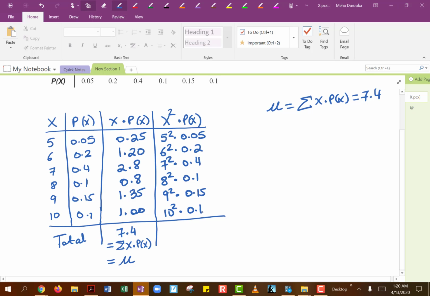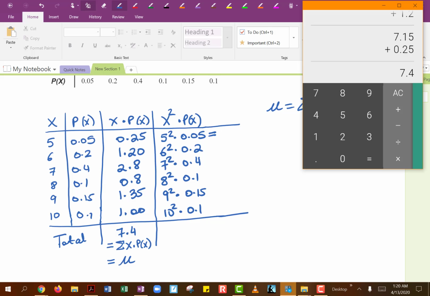You'll do these calculations individually, and then we'll take the total of that column. And again, if you're comfortable, you can try typing it all into your calculator at one time, but I would recommend using parentheses.